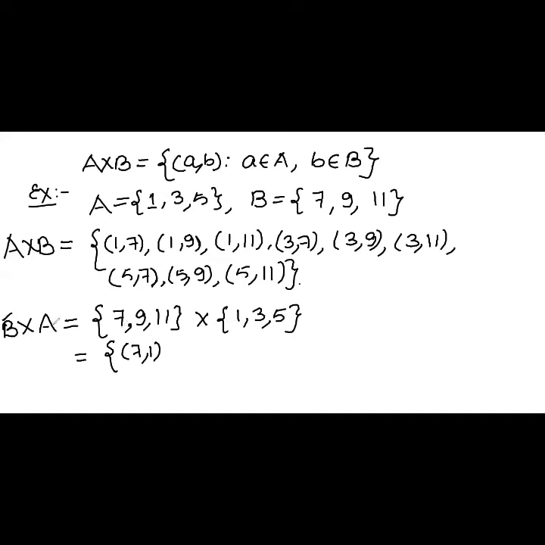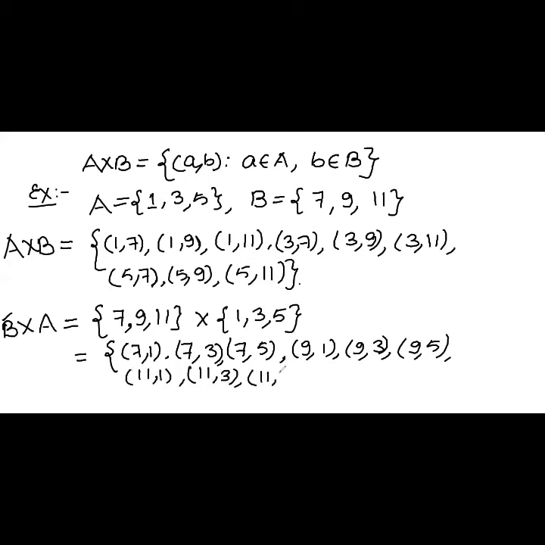Then the second set's element A in the second position. So 7 is connected to 1, then (7, 3), (7, 5). Then (9, 1), (9, 3), (9, 5). Then (11, 1), (11, 3), (11, 5). So this is B cross A. And we can see that the elements of A cross B are not equal to the elements of B cross A.